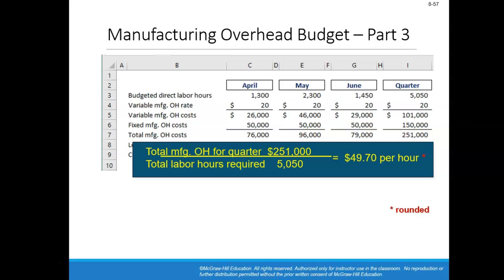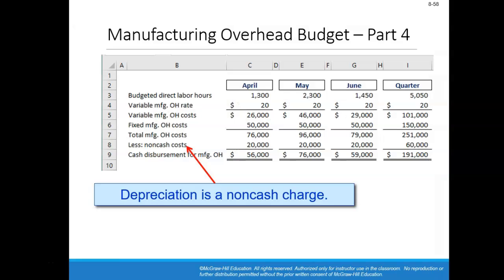Again, our total overhead cost will be $49.70 per hour. That's going to be important a little later on, so write the number down, because later we're going to do our production. We're going to look at our overall product cost, and we're going to assign overhead at a rate of $49.70 per hour. Okay?